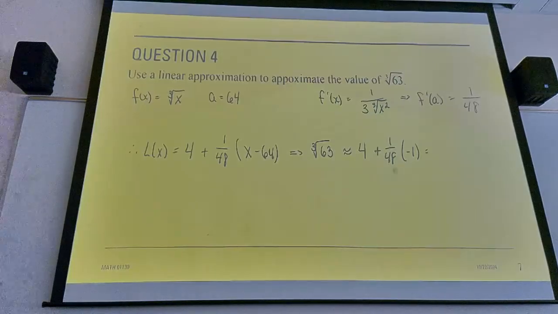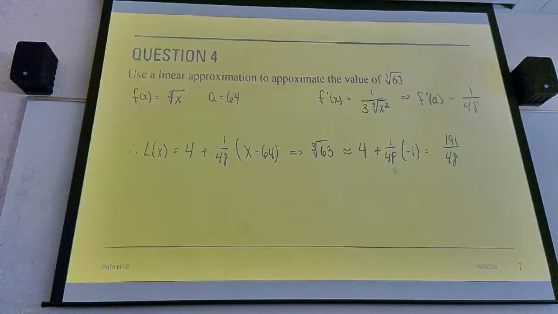Four times 48. That's 196. Oh, I'm sorry, no, 192, you're right. Cube root of 63 is about 191 over 48.